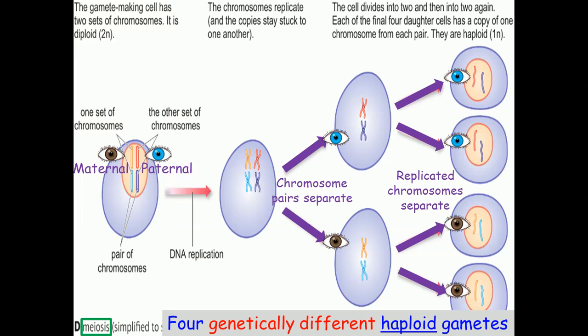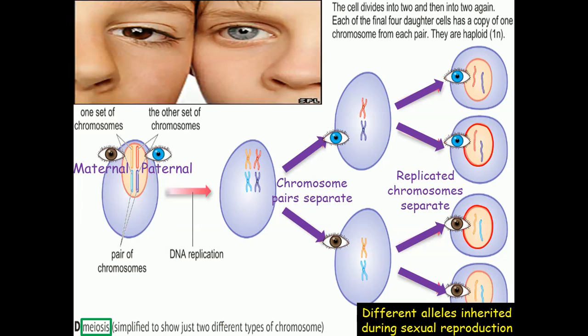So that means that when one of those gametes produces the offspring, you could produce some offspring that have brown eyes and some offspring that have blue eyes. And that is because different alleles can be inherited during sexual reproduction, because meiosis produces gametes that are genetically different.